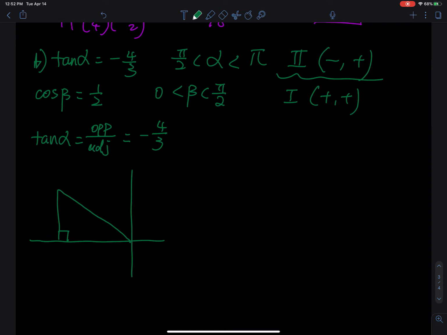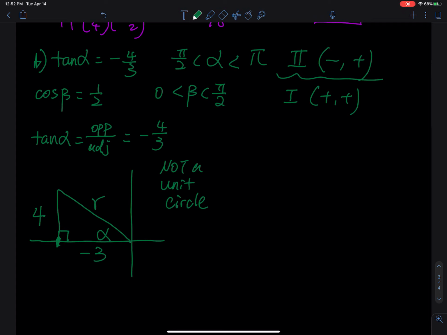This is a right triangle, and this is my alpha. That is the opposite of alpha, and this is a negative 3. Why is this a negative 3? Because at this mark, x is equal to negative 3. Again, quadrant 2. And the hypotenuse, you can call this r. But this is not a unit circle.